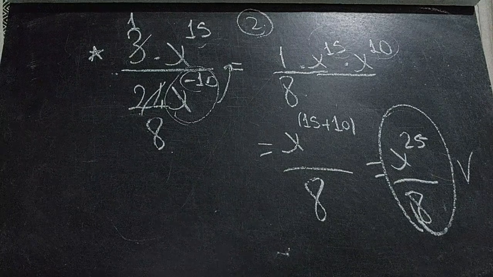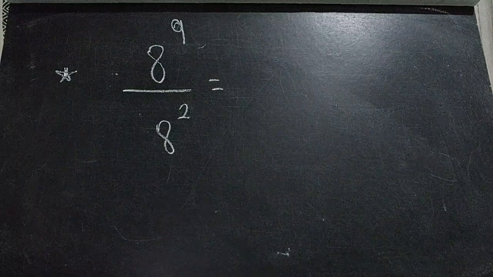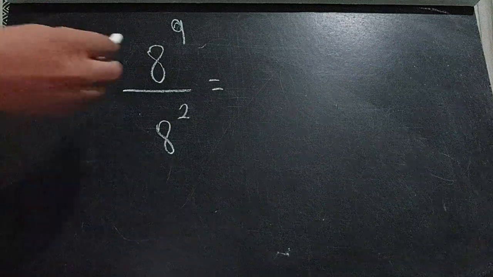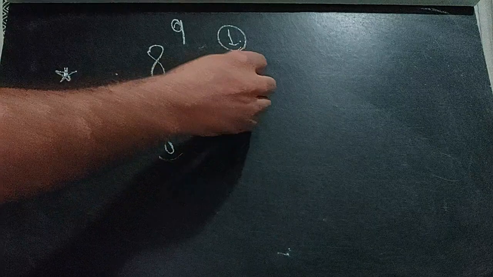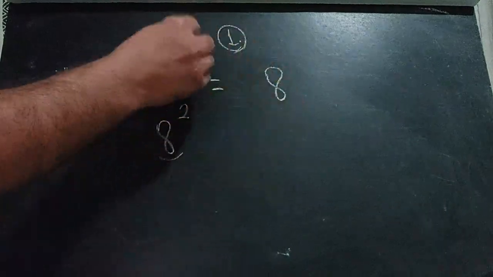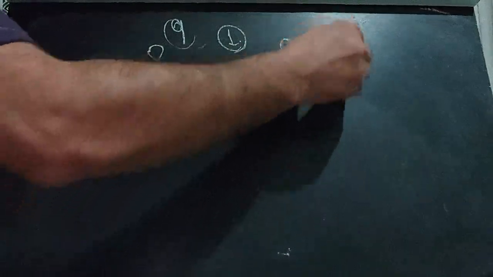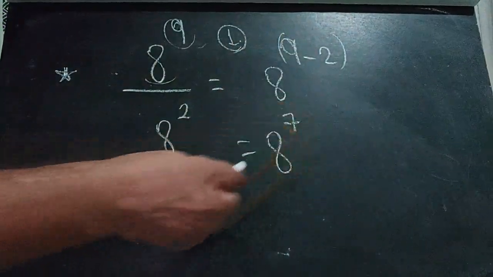Right. So my next question is 8 power 9 over 8 power 2. I'm going to show you 2 methods for this question too. That will be the first one like that. The same base, subtract powers from each other. 9 minus 2, that will be 8 power 7.